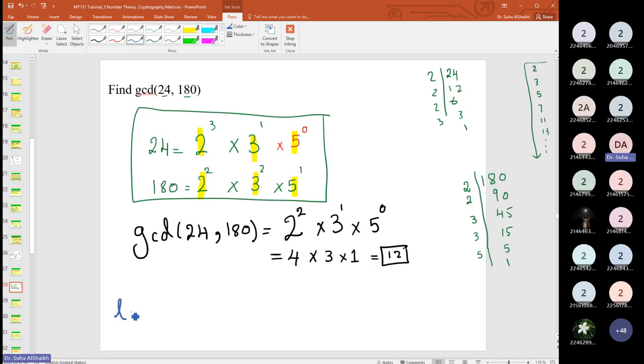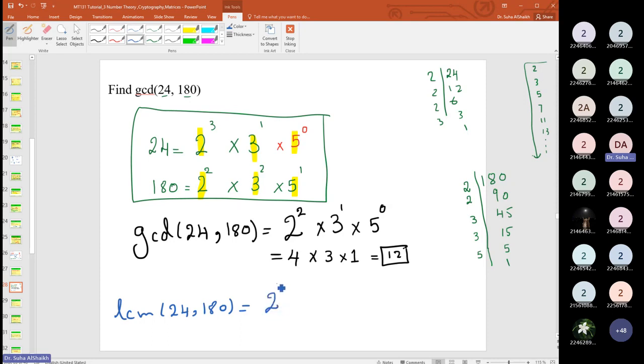If I want to find the LCM between the two numbers, what am I going to do here? It is 4 multiplied with 3. If I want to find the LCM between the two numbers, I'm going to take the maximum power of the 2, the maximum power of the 3, and the maximum power of the 5.